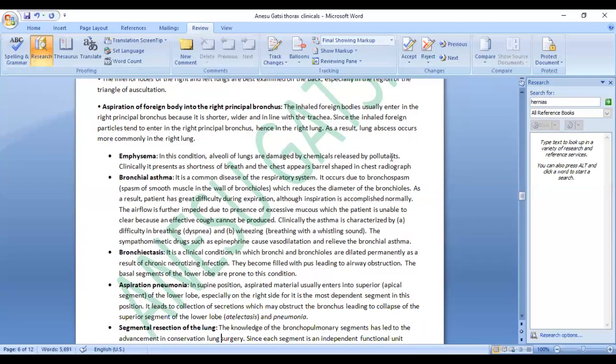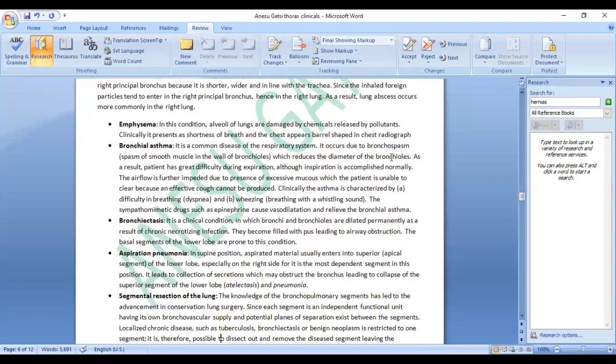Then there's what is known as aspiration pneumonia. In aspiration pneumonia, when you're in the supine position, aspirated material usually enters the superior or apical segments of the lower lobes. So bronchiectasis affects the basal segments of the lower lobes, but aspiration pneumonia affects the apical portions of the lower lobe.